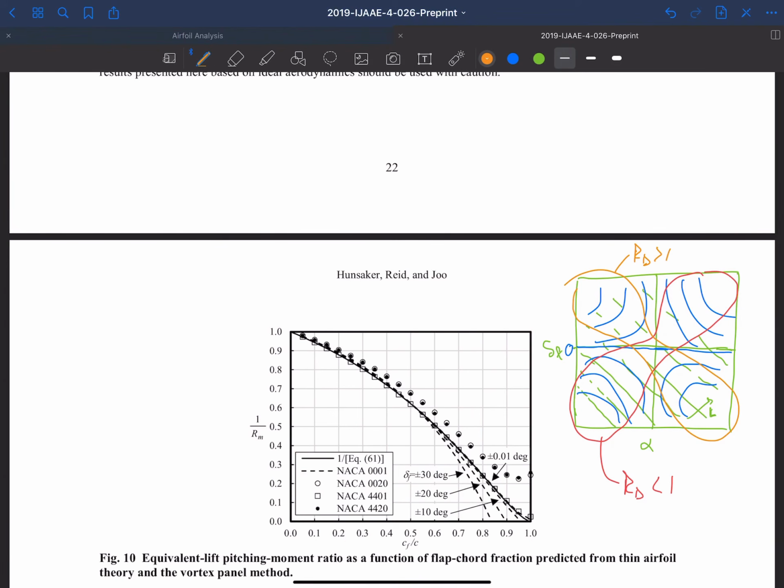But what's interesting is that most airfoils operate in a region like this. So usually we don't operate at a high angle of attack and low flap deflection in order to drop our lift down. If we want to increase our lift, then we increase angle of attack, we increase delta F, and we're going to stay kind of in this region here.